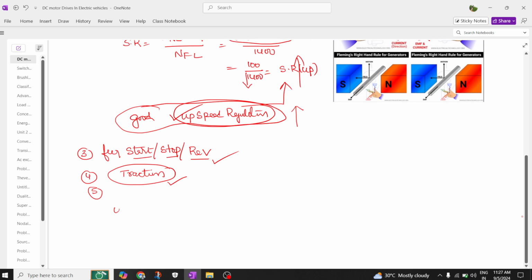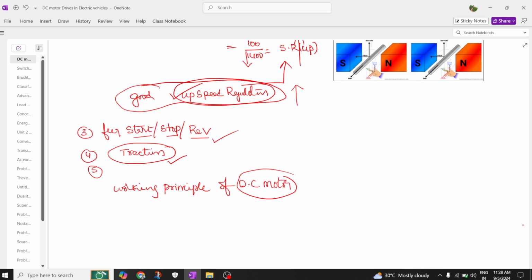So coming to the working principle of a DC motor, when you take a DC motor, you are going to have two parts: one is the stator and the other is the rotor. The rotor is made up of a winding, which is called the armature winding.